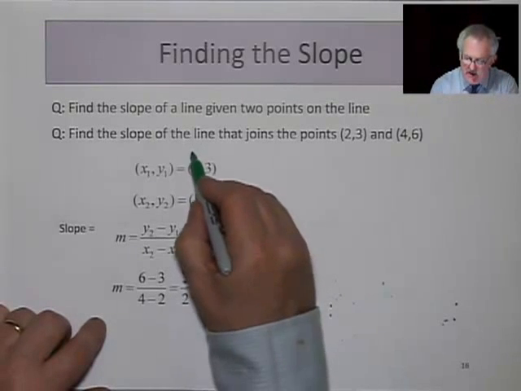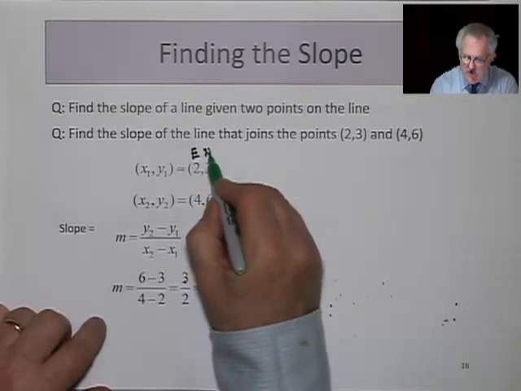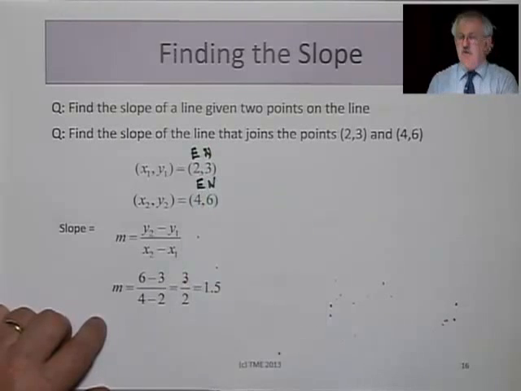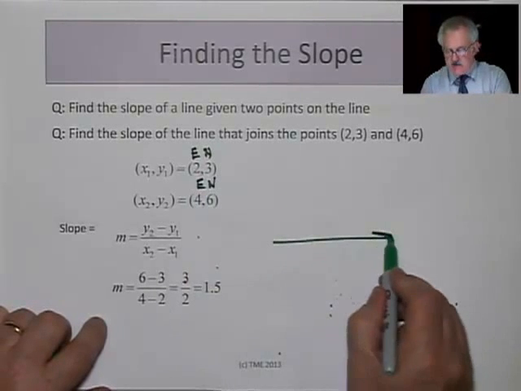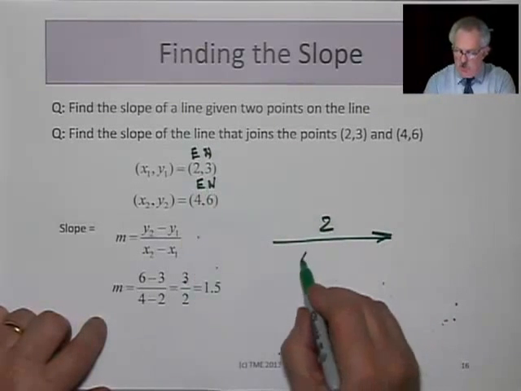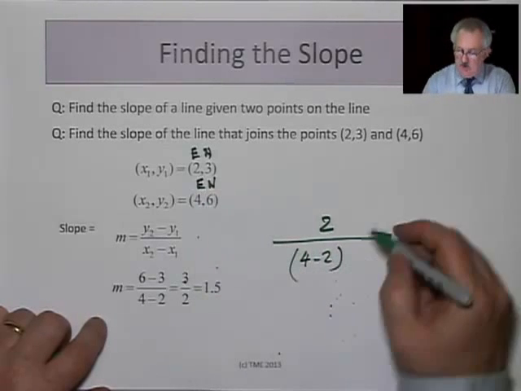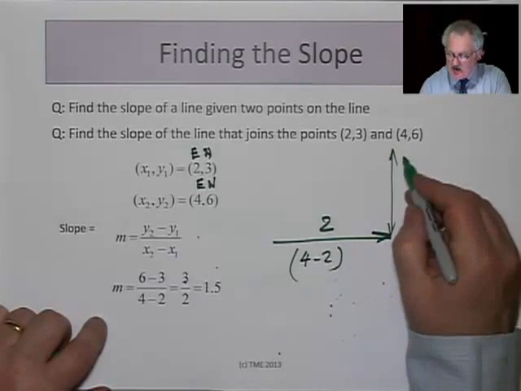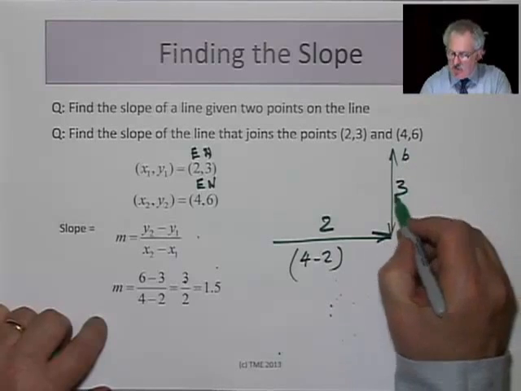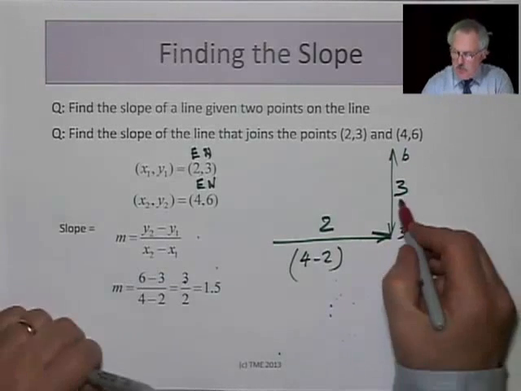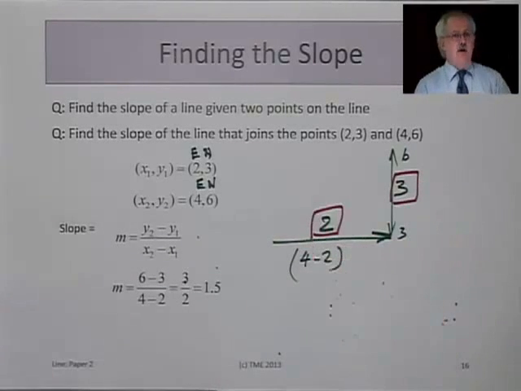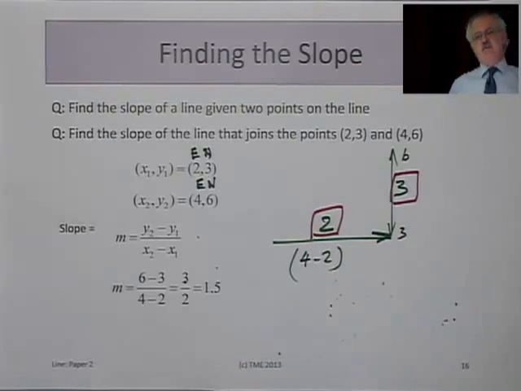I'm going from 2 east and 3 north to 4 east and 6 north. So as I move east, I'm going 2 additional steps, 4 minus 2. And north, I'm going 6 minus 3. I'm going up 3 for every 2 that I go out. That's quite a steep slope.